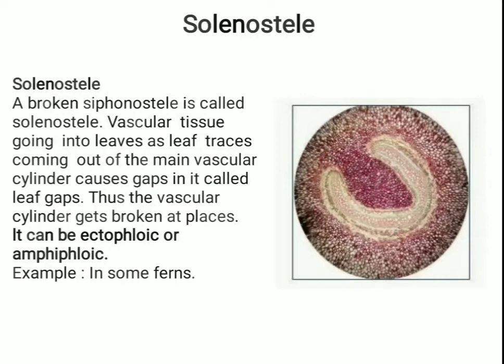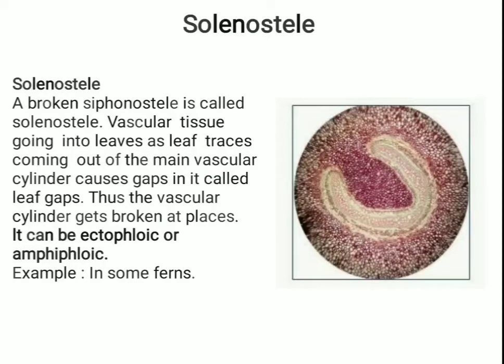Vascular tissue going into the leaves, as the leaf trace comes out of the main vascular cylinder, causes a gap. It is called a leaf gap, and thus the vascular cylinder gets broken at a place.